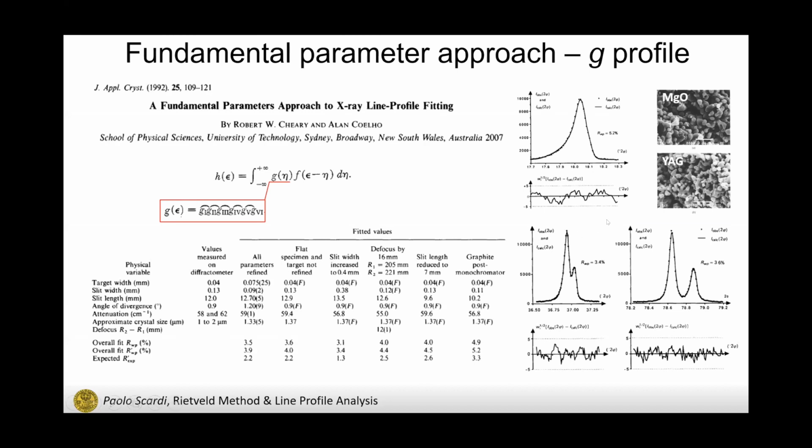So you can refine or keep constant some parameters. You can include sample absorption effect, which actually is included here just for convenience, because strictly speaking it is a sample effect. So in the end, the idea of Alexander and Clark has been implemented, taking advantage clearly of the well-known evolution of computers that by 1992 were already available.